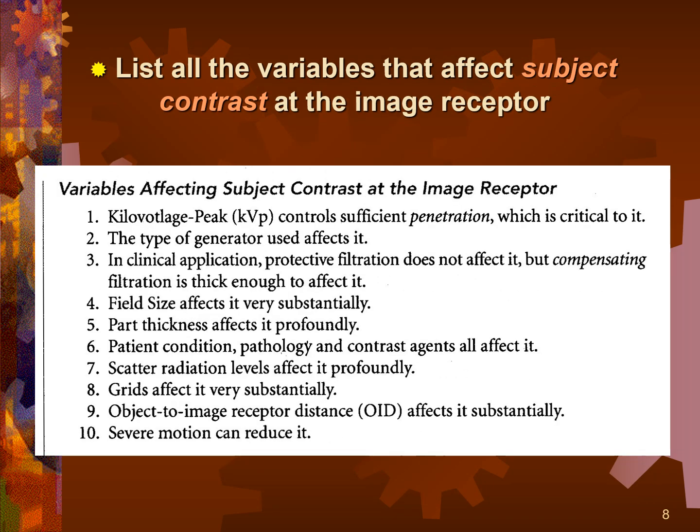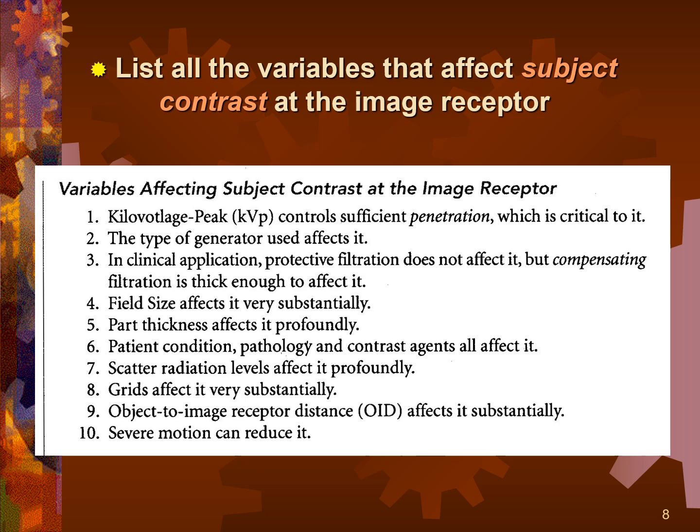Okay. Subject contrast is controlled by kVp. And yes, he spelled voltage wrong. I don't know what the heck happened there. Type of generator, efficiency of the generator, is effectively a kVp increase. Protective filtration does not affect subject contrast, but compensating filtration does.